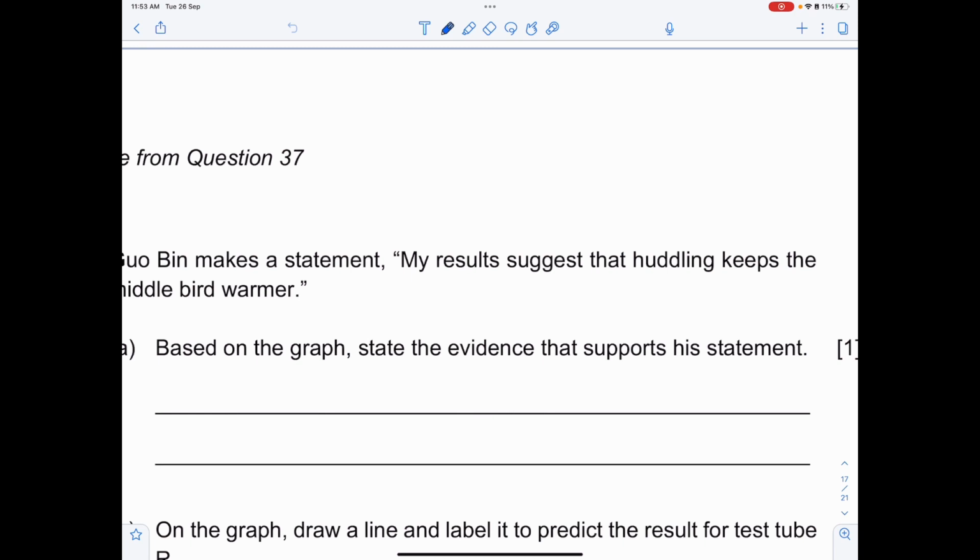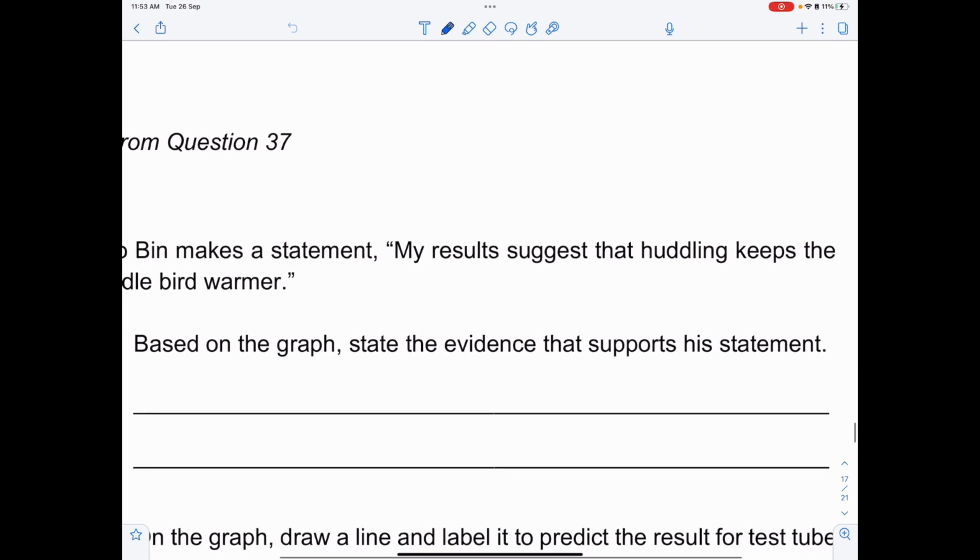So how do you actually put this? So you have to say that test tube P lost heat slower than test tube Q. Okay, at every minute.